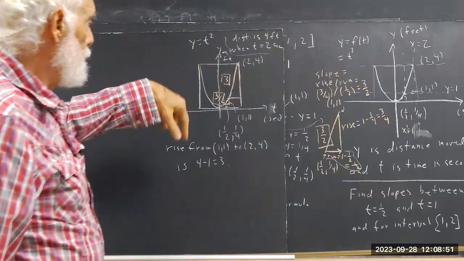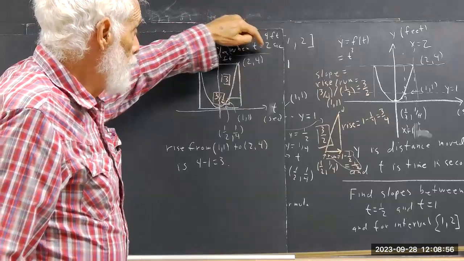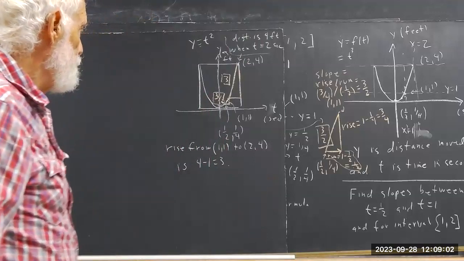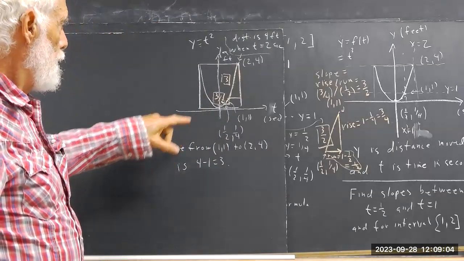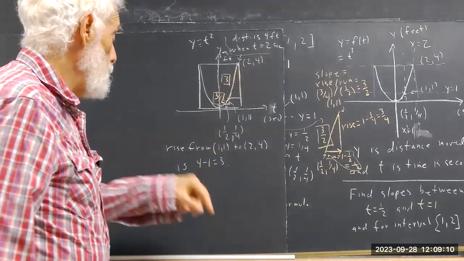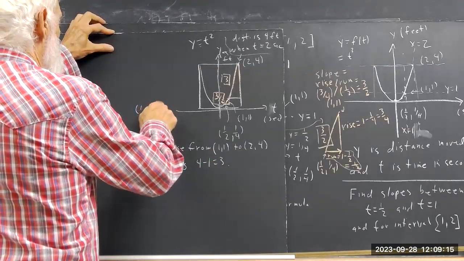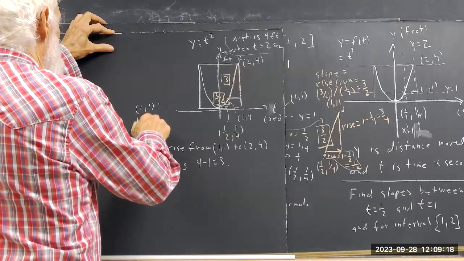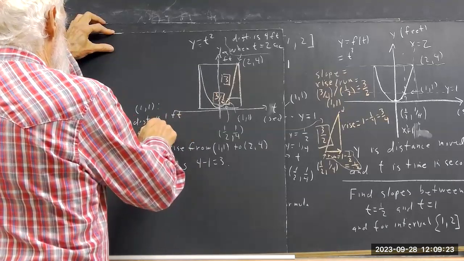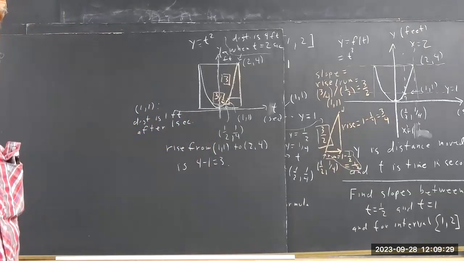So the point (2, 4) says the distance is 4 feet when t equals 2 seconds. What does the point (1, 1) tell us? It tells us the distance is 1 foot after 1 second.